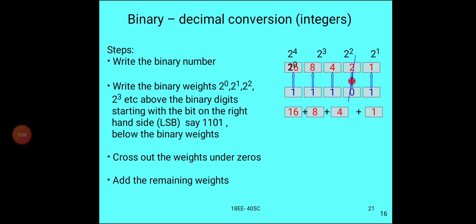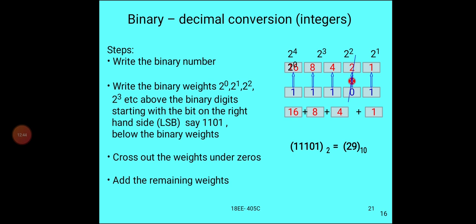So 1 times 2 to the power of 0, which is equivalent to plus 1, plus 2 to the power of 1 times 0, which is 0, plus 2 to the power of 2 times 1, which is 4, 2 to the power of 3 times 1, which is 8, 2 to the power of 4 times 1, which is 16. 16 plus 8 plus 4 plus 1 is equivalent to 29 in base 10.